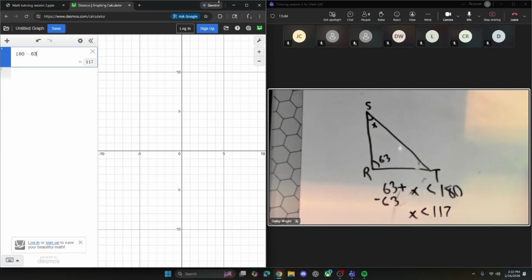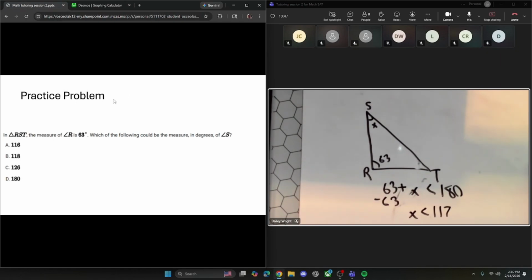So let's look at our answer choices and see what we have. We have 116, 118, 126, and 180. We know 180, 126, and 118 are greater than 117. So all of those can automatically be eliminated, and 116 is just going to be your answer. Any questions on this problem?